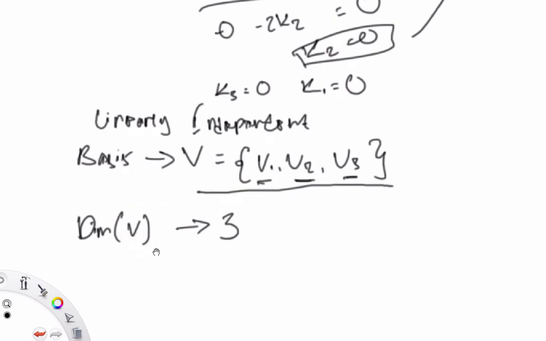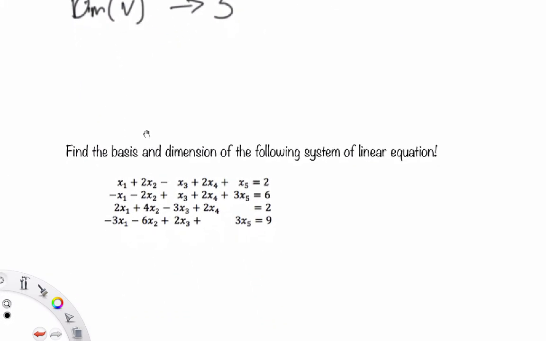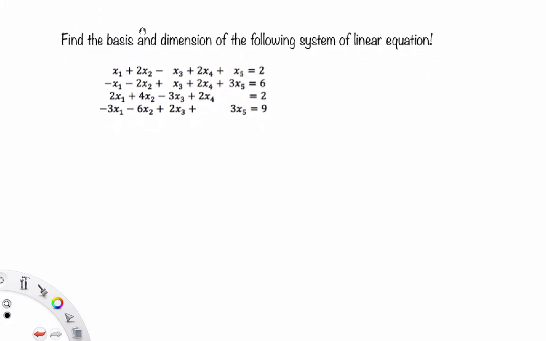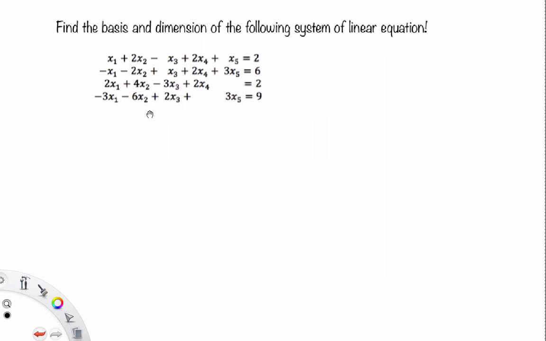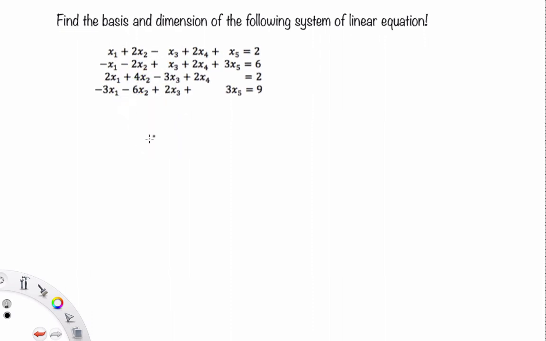In the second example, I will give you a system of linear equations. So it's more complicated than the previous example. So we have the following system of linear equations now, and we have to look for the basis and the dimension of this system of linear equations.